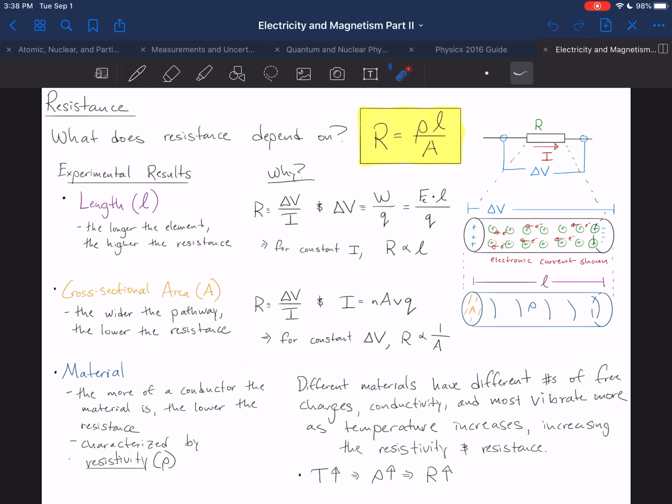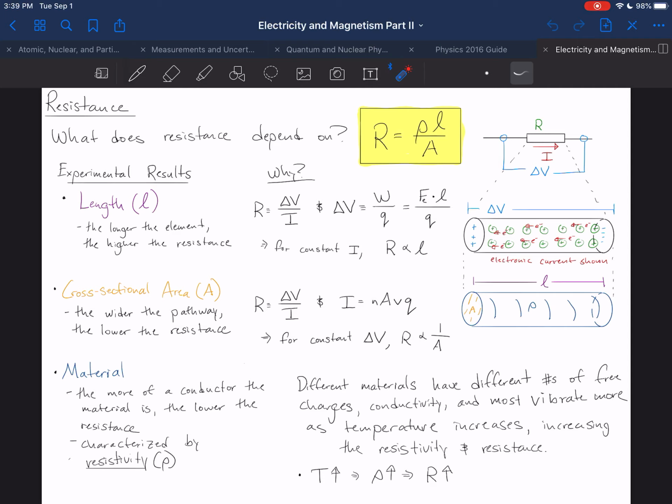The current is equal to the number of charge carriers times the area of the current carrying element times the drift velocity of the charges times Q. So for constant delta V, you can see that the resistance is proportional to 1 over the cross-sectional area, because that I formula gets plugged in to the denominator in the definition of the resistance.